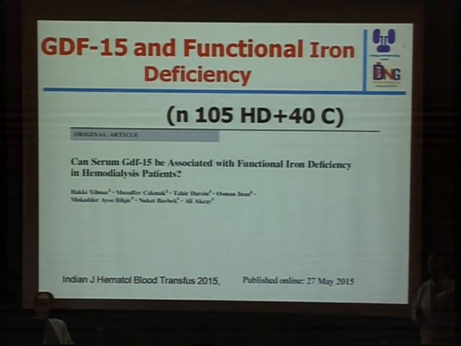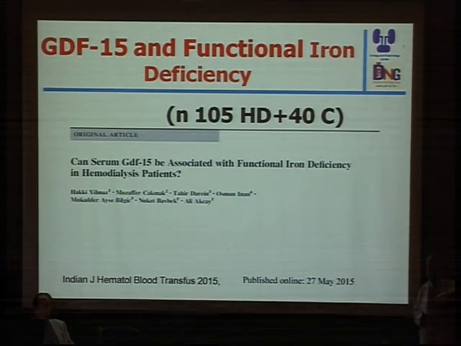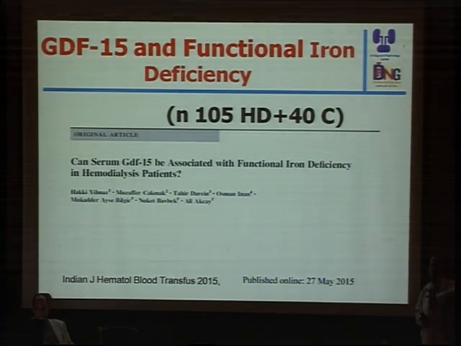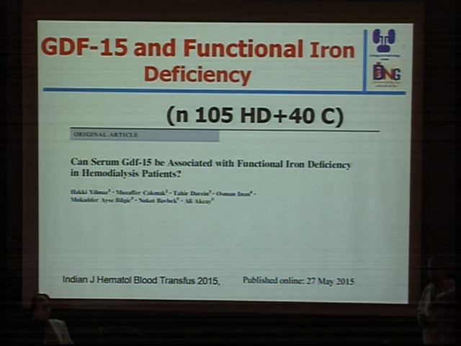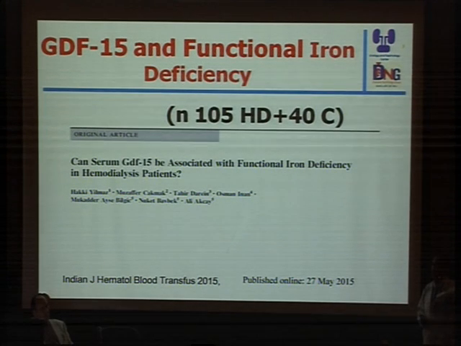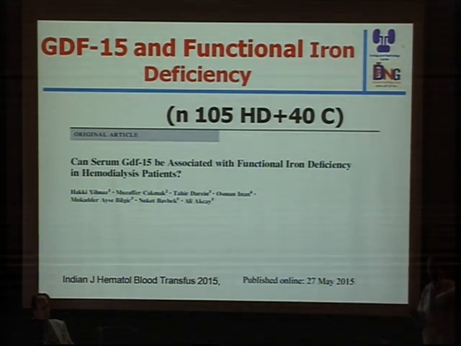In functional iron deficiency, I can find higher ferritin but lower transferrin saturation. So if I find ferritin, for example, 500 and transferrin saturation less than 20, this is a state of functional iron deficiency related to inflammation. And I can diagnose this functional iron deficiency by measuring hepcidin, this cytokine.